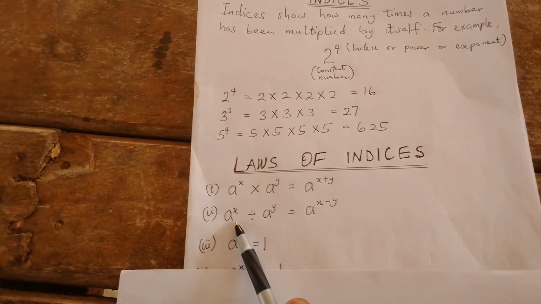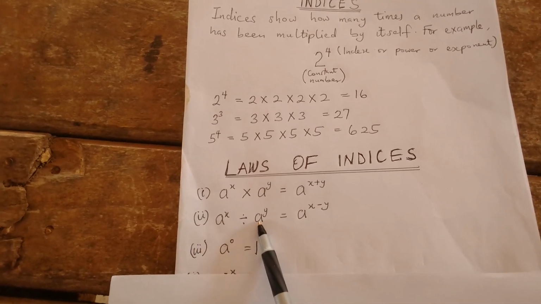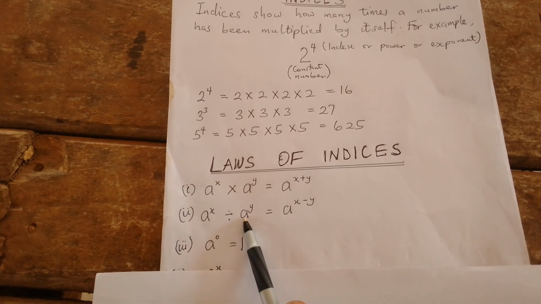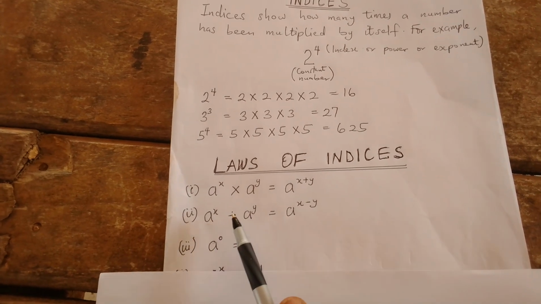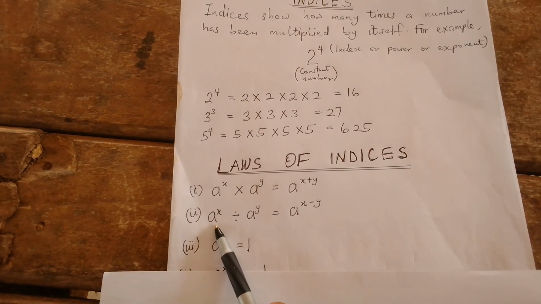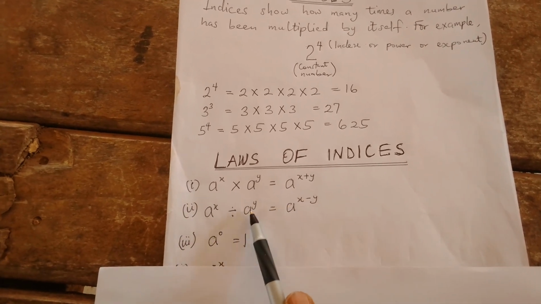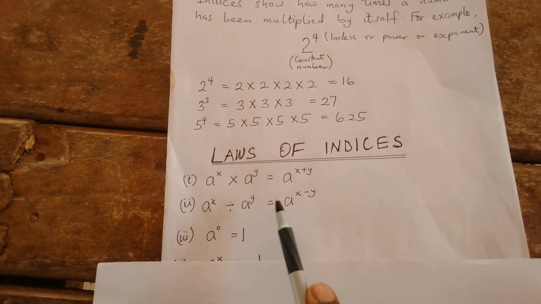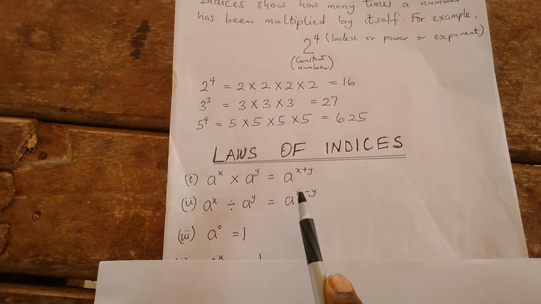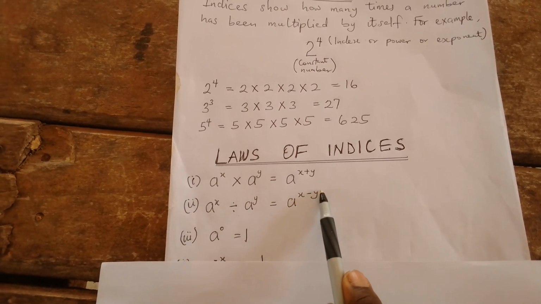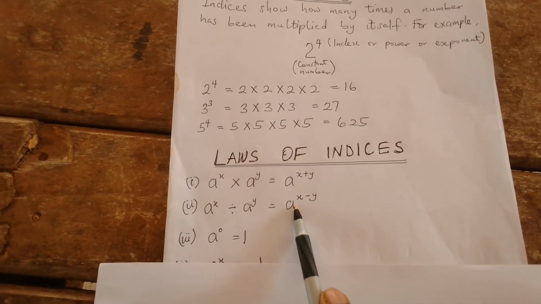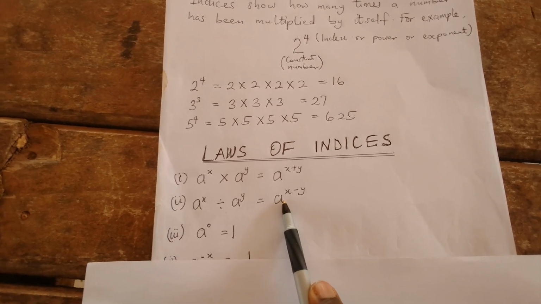Since you have to divide these two, the division law says that if you are having constant numbers like this, what you need to do to their powers is that you subtract their powers. So that means you just say a raised power x minus y. Subtract the powers, and you will realize that you would have solved the problem.